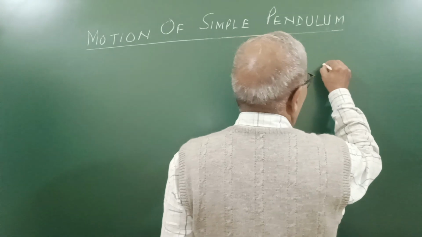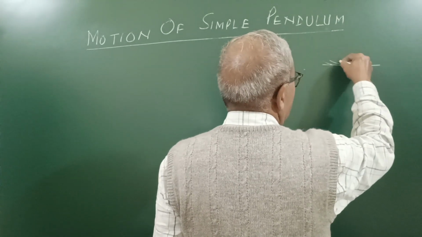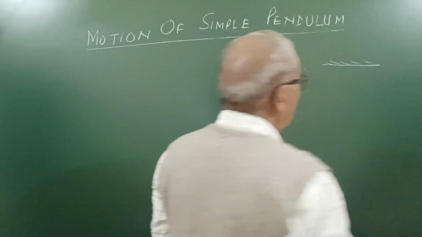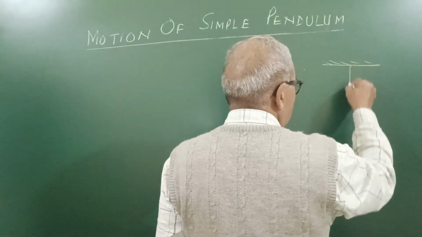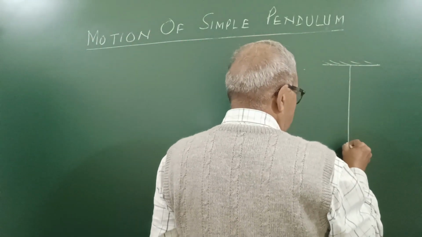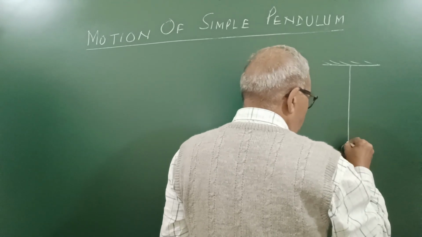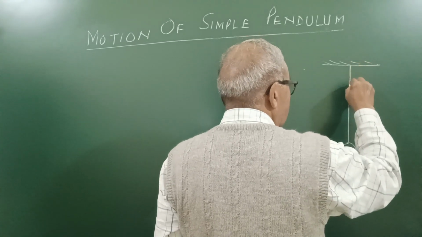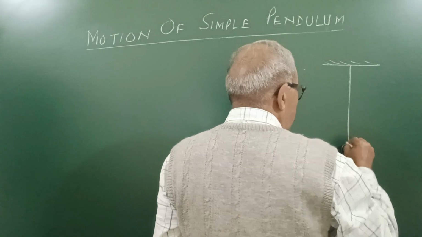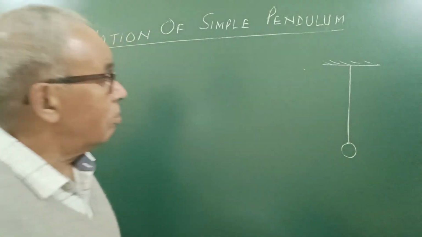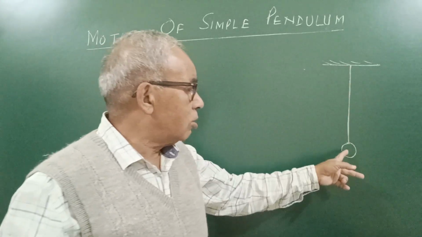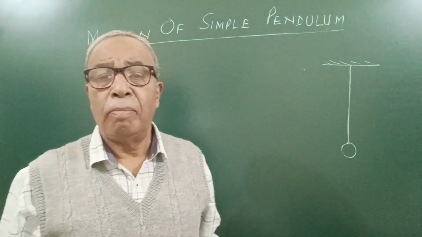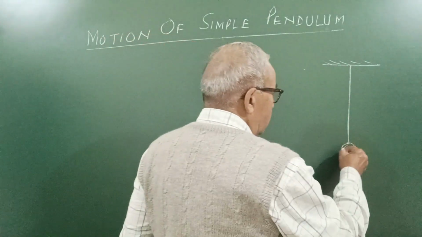So a simple pendulum simply consists of a heavy bob tied to a massless, inextensible string. Massless means the mass of the string is negligibly small in comparison to the mass of the bob. This is called the bob here.